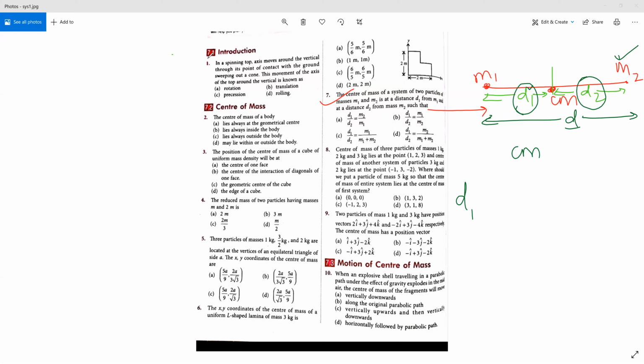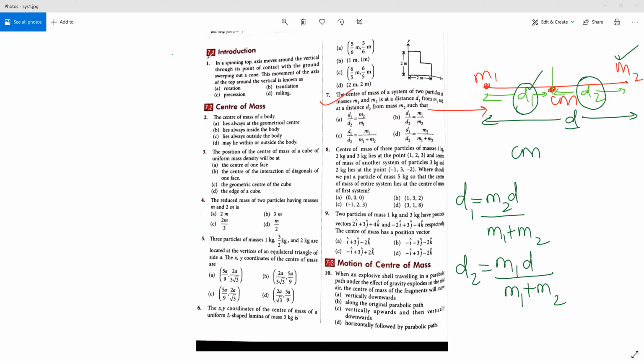The distance of the center of mass from the masses m1 and m2 is given by, d1 equals m2 into d divided by m1 plus m2. Same thing, d2 is given by m1 into d divided by m1 plus m2.